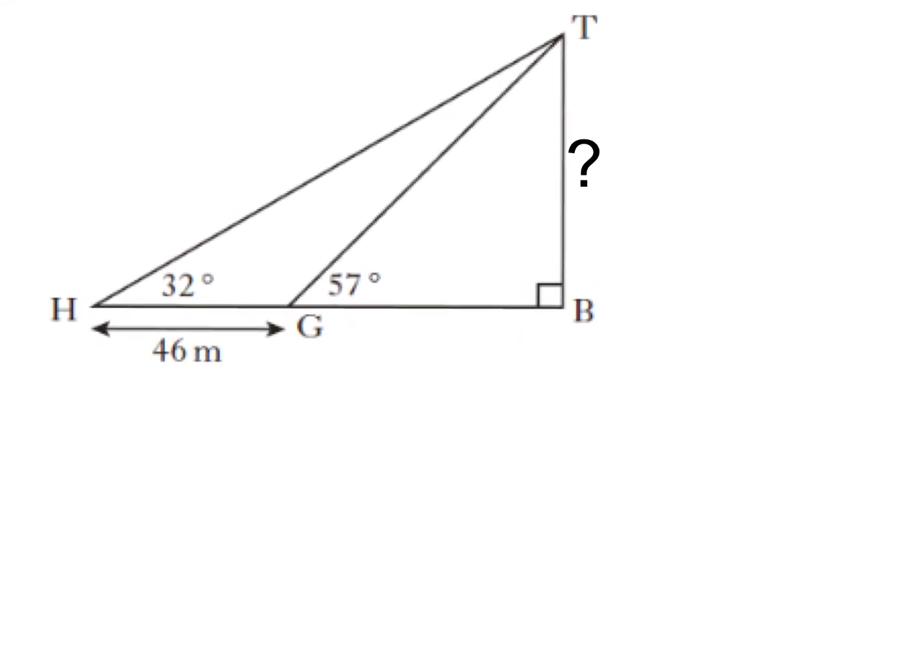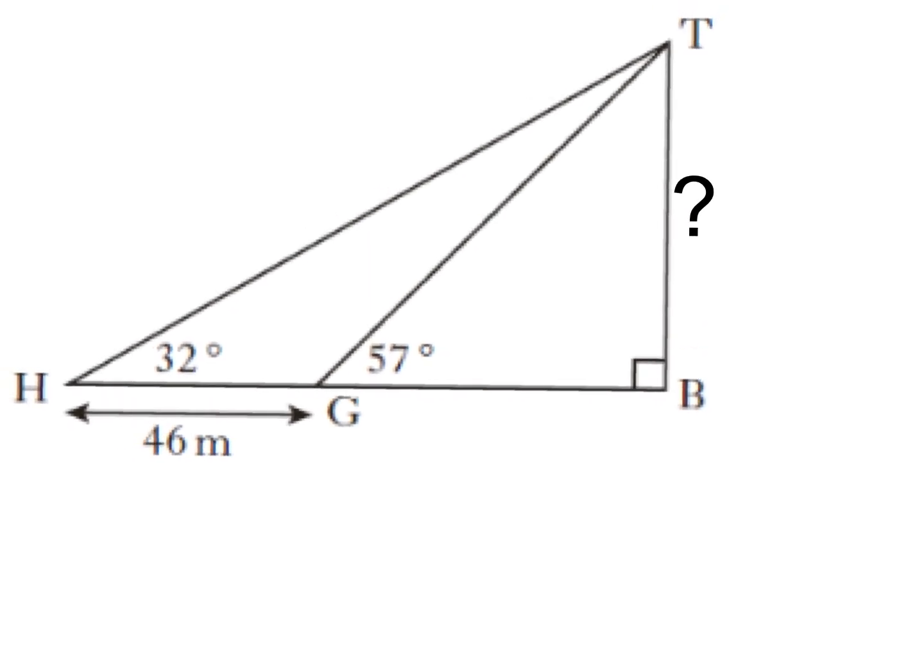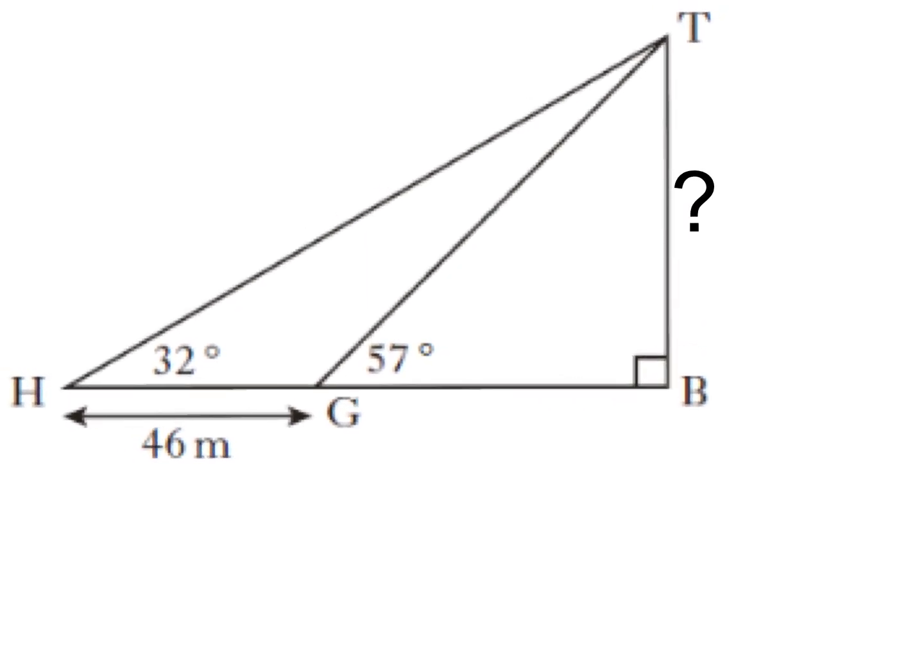First thing I would do in this question is work out all these missing angles. So let's work out the missing angles first of all. Opposite this 57, on a straight line with 57, would be 123. Up the top here in the right angle triangle with the 57 and 90, that makes 147.